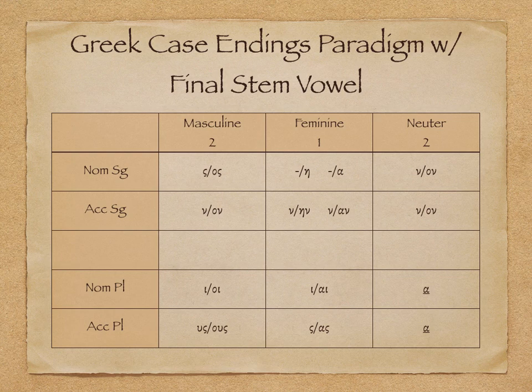So this is what it would look like at the end of a word. Not just sigma, but omicron sigma for nominative masculine singular. Accusative masculine singular, not just nu, but omicron nu. Nominative plural, not just iota, but omicron iota with the sounding of oi. Accusative plural, not just upsilon sigma, but omicron upsilon sigma with the sounding of us. And you can see the same with feminine and neuter. Just notice the patterns there.